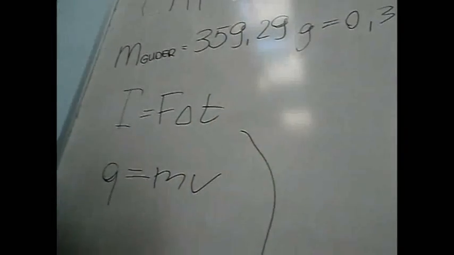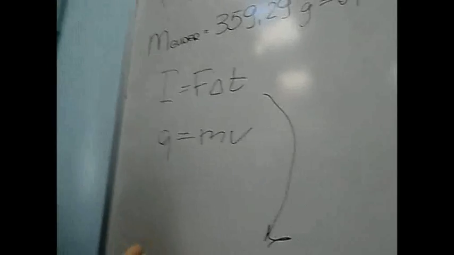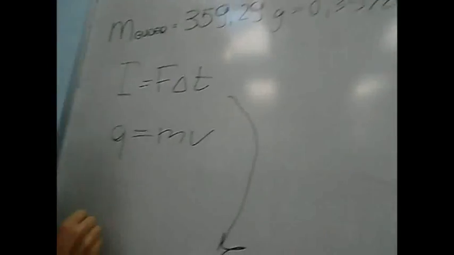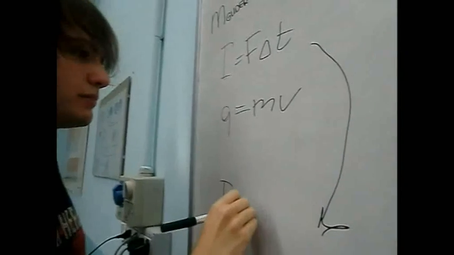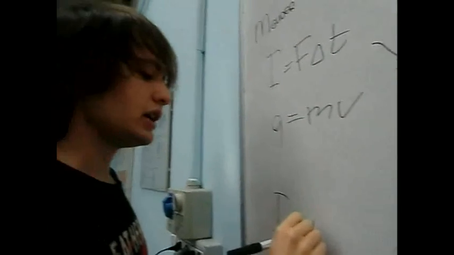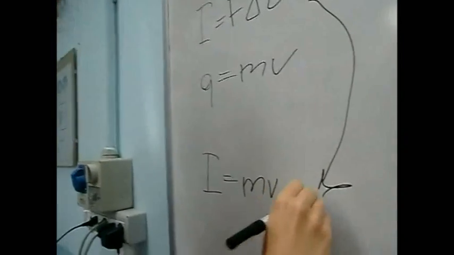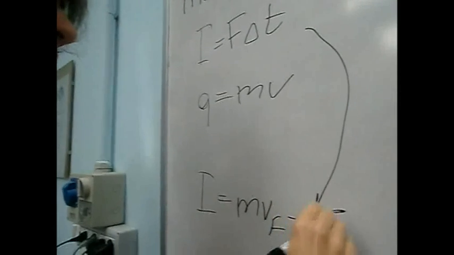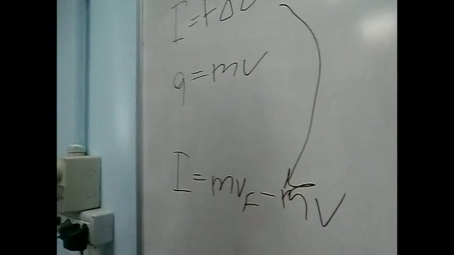And what we want to do is to demonstrate the theorem of the momentum, which is that the impulse is the difference between the momentum calculated on the final velocity and the momentum calculated on the initial velocity.